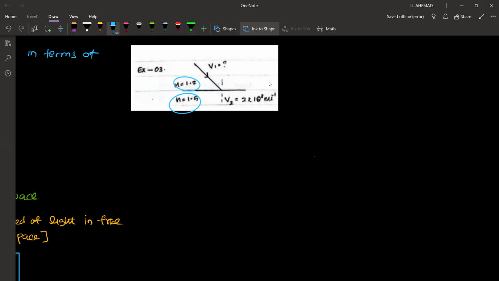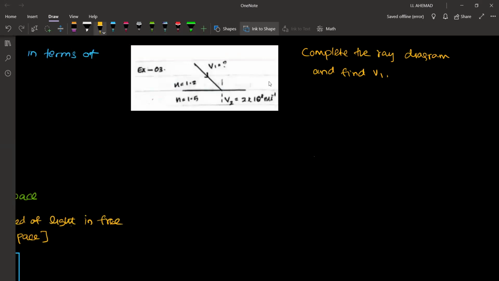And the speed of light in the second medium is 2 into 10 to the power 8. So this information is given. What you have to do is complete the ray diagram and find V1.